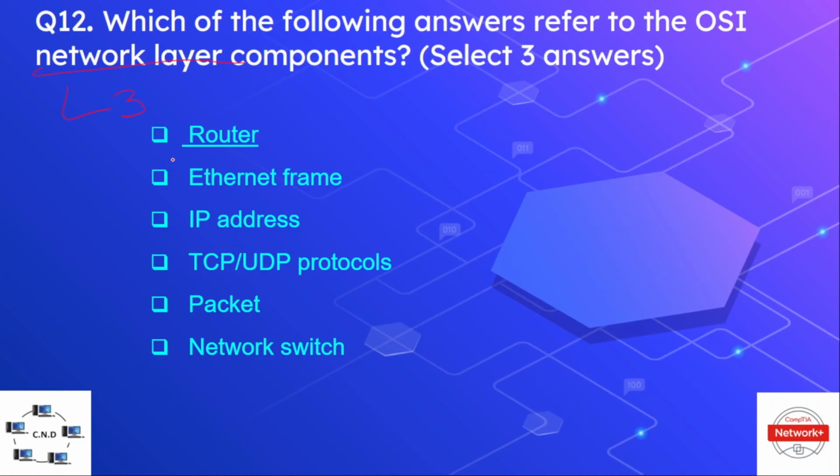The components of layer 3 are number 1 router, number 2 IP address, and number 3 the packet. We saw that at layer 2 the data component is known as Ethernet frame, while at layer 3 or the network layer it is known as packet.